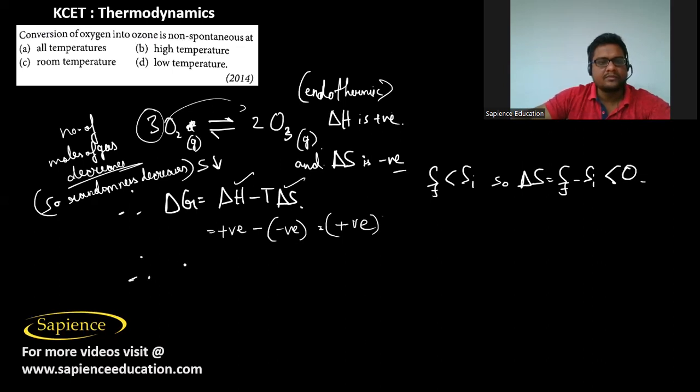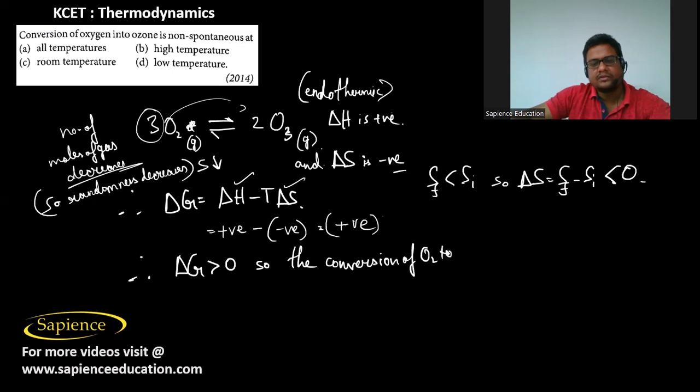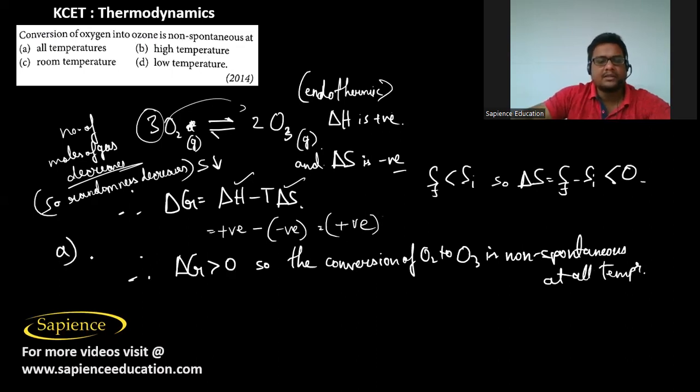So delta G is positive. So the conversion of oxygen to ozone is non-spontaneous at all temperatures. So option A is the correct answer.